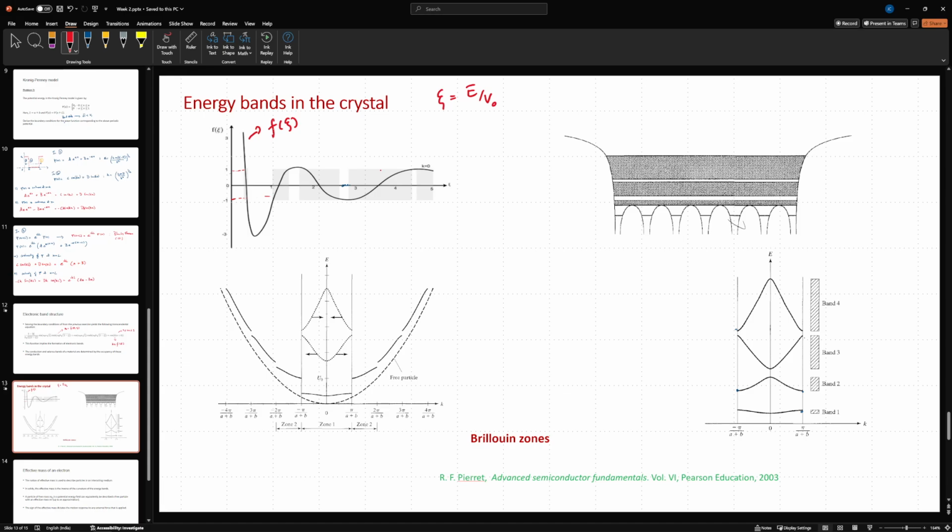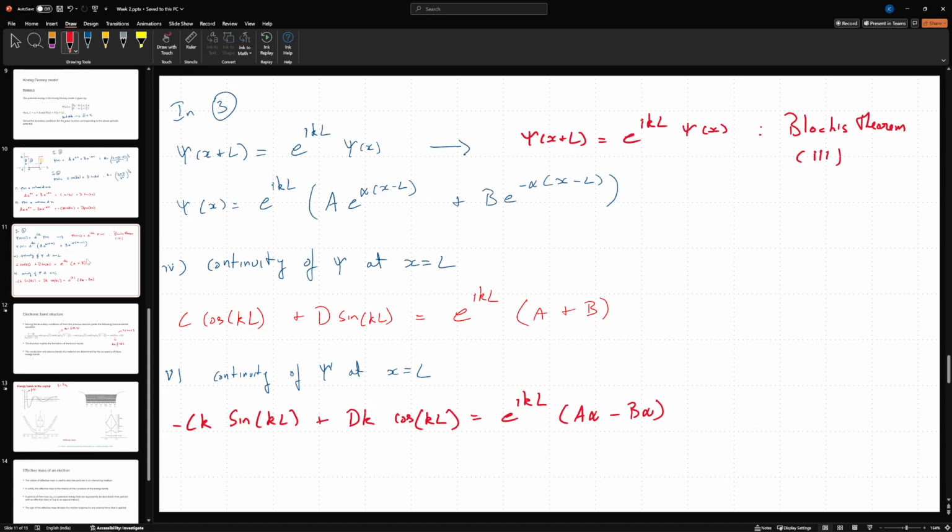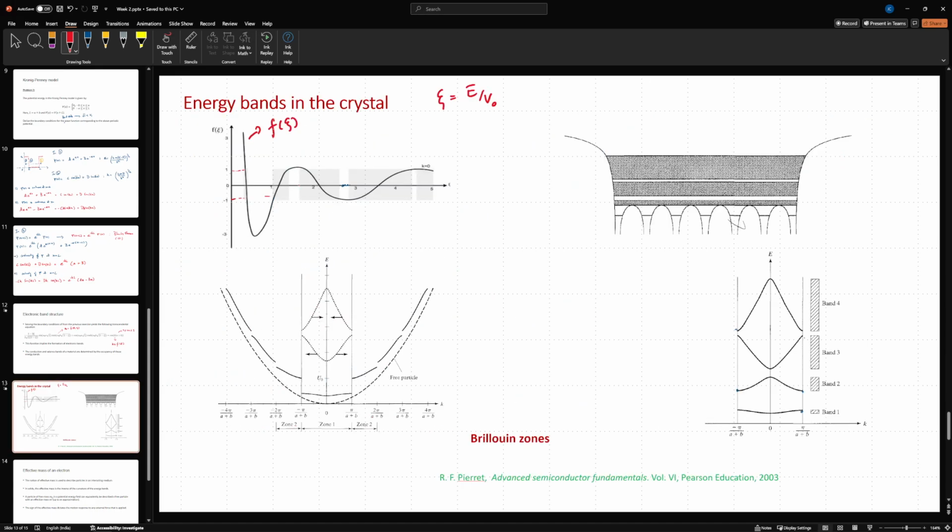Only the points that lie in this region have a valid solution for all these boundary conditions. For all other energy values, we do not have valid solutions for the above considered boundary functions. So this is essentially the formation of energy bands.